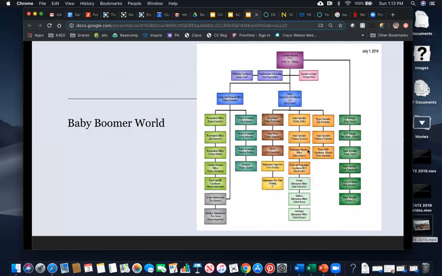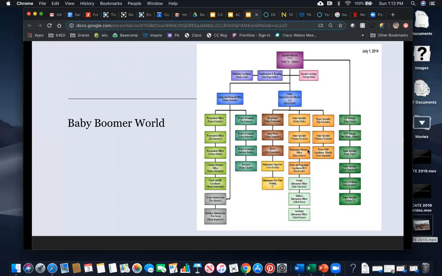So when we look at the baby boomer world, this chart, for example, I love this chart. I love things that are clearly organized, and this is the baby boomer world. We were very used to putting everything in a very neat order, in logical steps, in progressions. So we knew exactly through this chart where we need to go if we have a question about something.